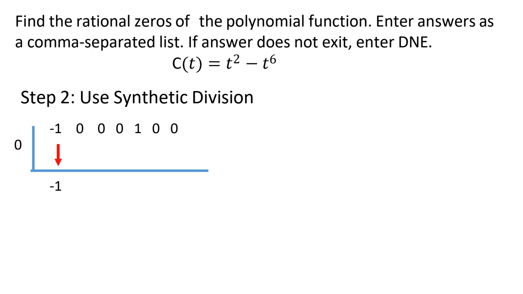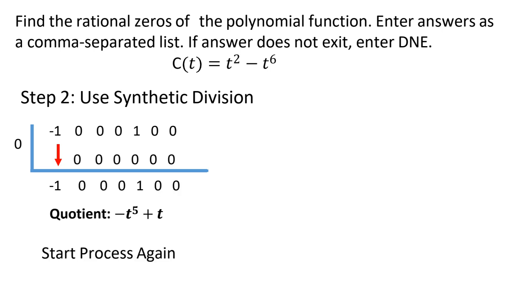If you see here, I'm going to bring down the -1, 0 times -1 is 0, and this is going to produce zeros all the way through. What I see here is that my quotient from this one synthetic division has gone down by 1 degree. Now it's t to the 5th power, degree 5. Guess what? I can use synthetic division once again to keep on minimizing that degree.